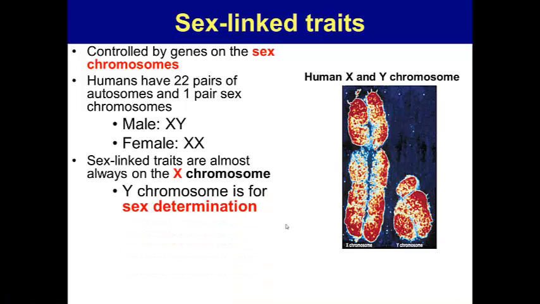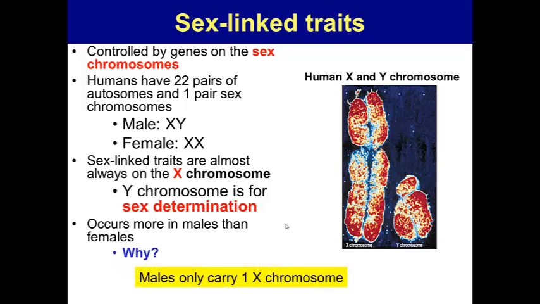The Y chromosome is used primarily for sex determination, or determines that the individual is a male. It occurs in more males than females. Why? Because the males only have one X chromosome, so they are more impacted by changes to the X chromosome than females are.